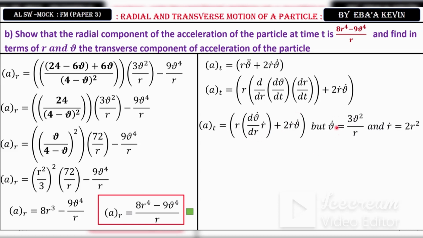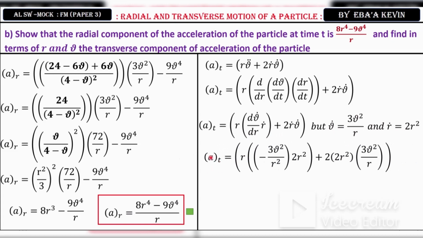We know that θ dot equals 3θ squared divided by r, and r dot is equal to 2r squared. We were given this initially in the first part of the question. So if you substitute those values here, you are going to obtain the transverse component of the acceleration.